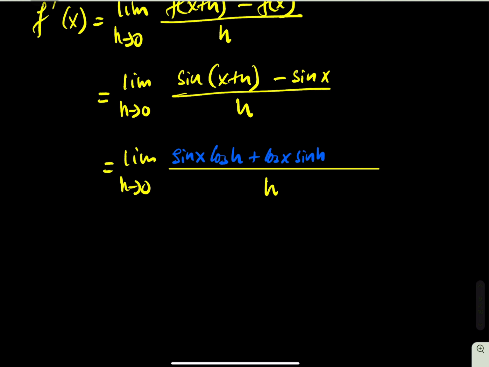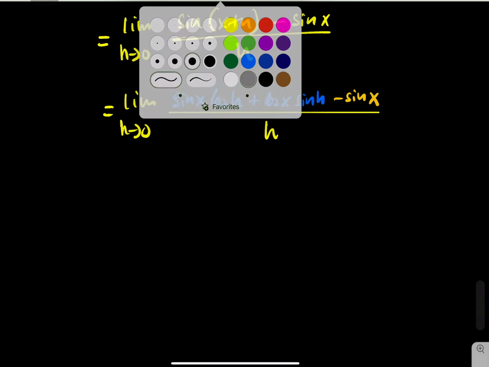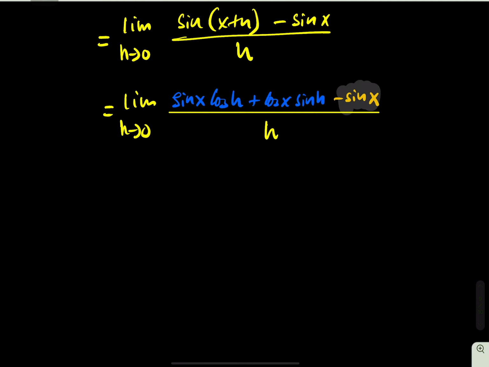So that should really be very easy, guys. I'm going to group the like terms. My like terms are primarily this one and this one, because they have the sine x.